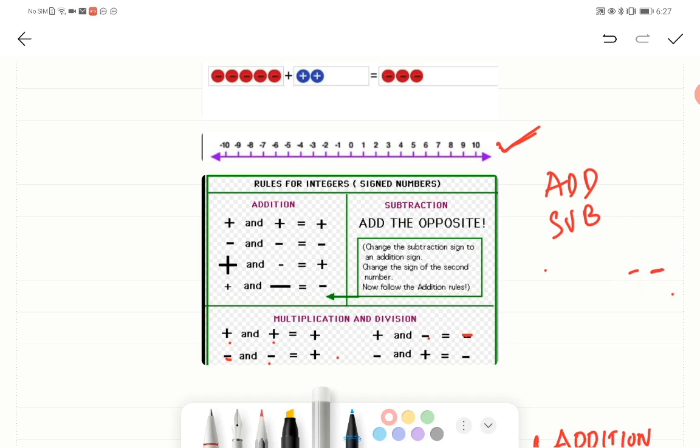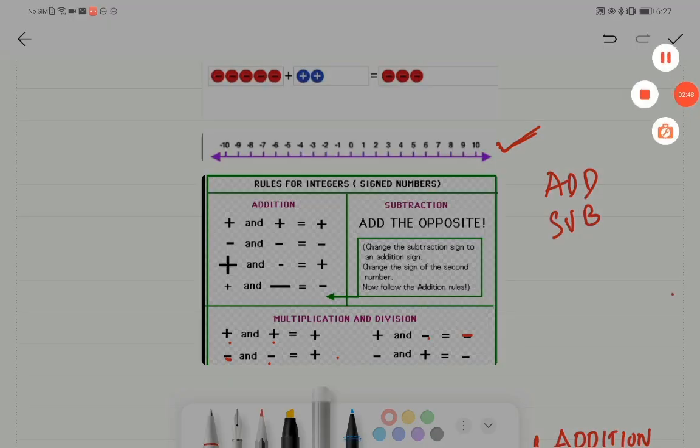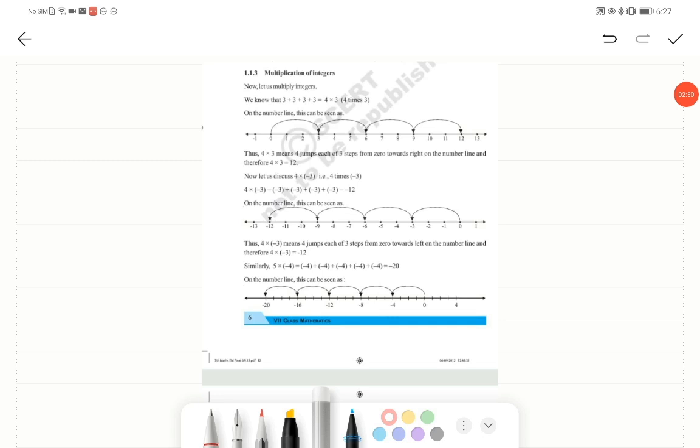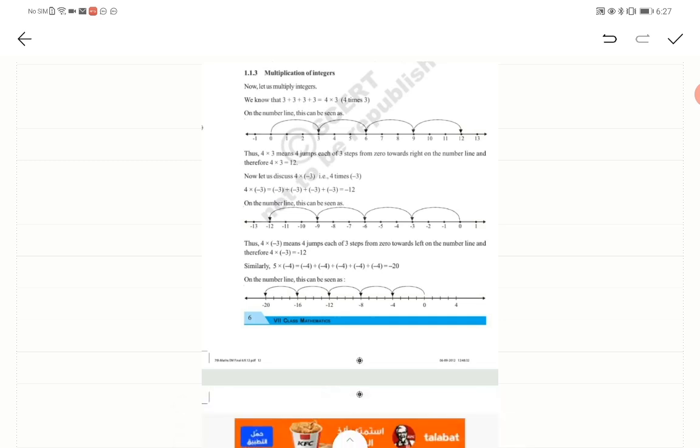Okay, let's move on to how to plot multiplication of integers on the number line. We have one example, 4 times 3. Always in multiplication you start with 0.